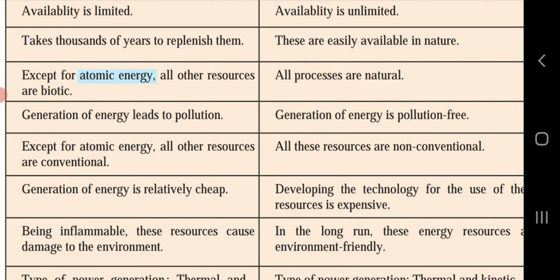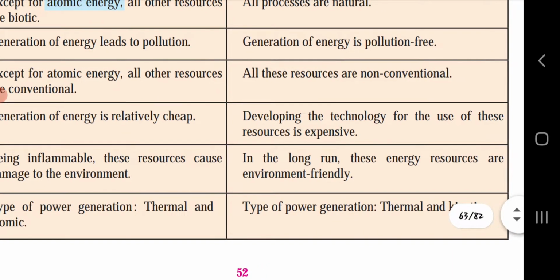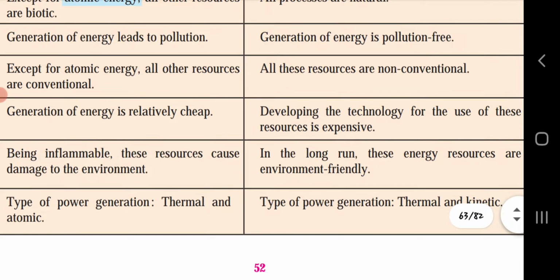All processes are natural. Generation of energy leads to pollution. Generation of energy is pollution free. Except for atomic energy, all other resources are conventional, and here all these resources are non-conventional. Generation of energy is relatively cheap, and developing the technology for the use of these resources is expensive.